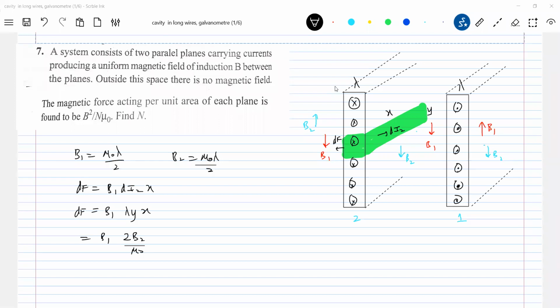Okay, this will be the value of 2B1B2 by mu naught, so this will be XY will come. It is asking for the force per unit width. Magnetic induction is how much he has given?